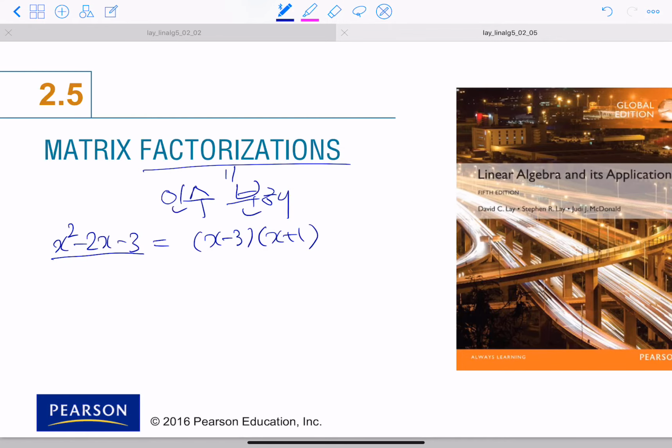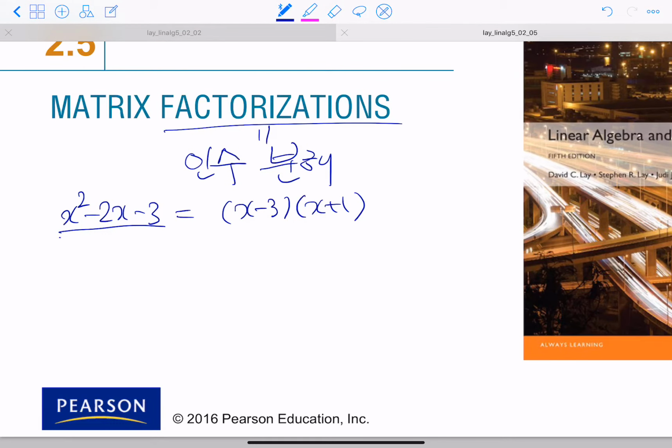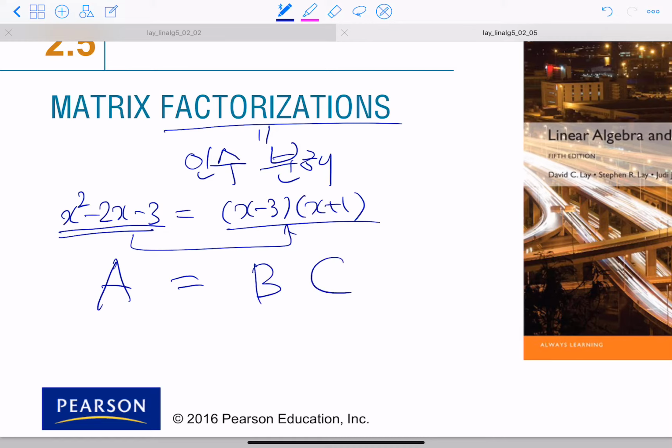So basically, we rewrite it as the product of multiple stuffs. In the case of matrix factorization, we are given a matrix A, and we want to represent it as the product of some matrices, B times C, or B, C, D, and things like that.